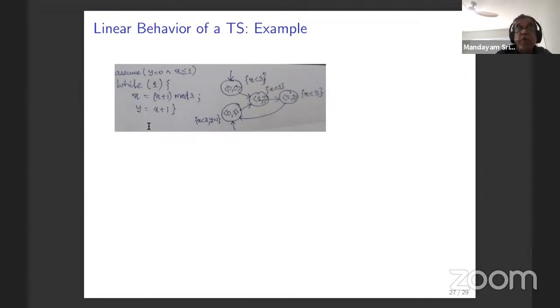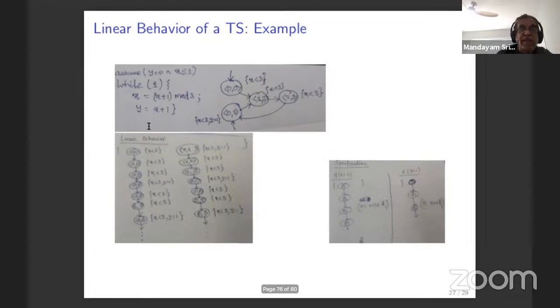Okay, therefore, what are the linear executions of this system? So here I'm giving the linear executions. Okay, and suppose my labeling functions are x less than 3 and y is equal to 1. When I choose a particular labeling function, at the basic level, it makes a choice for me as to what it is that I'm tracking.